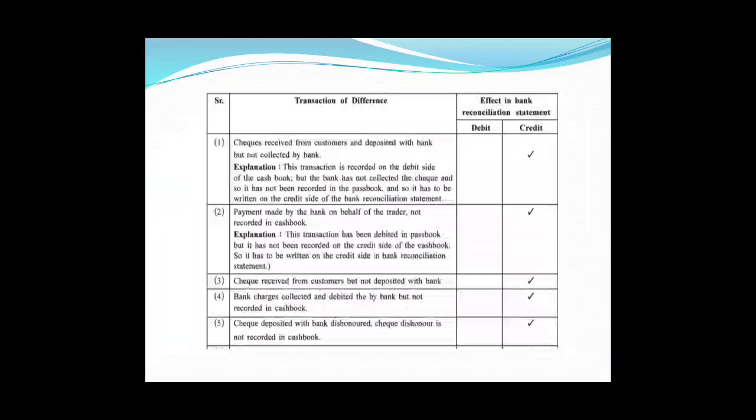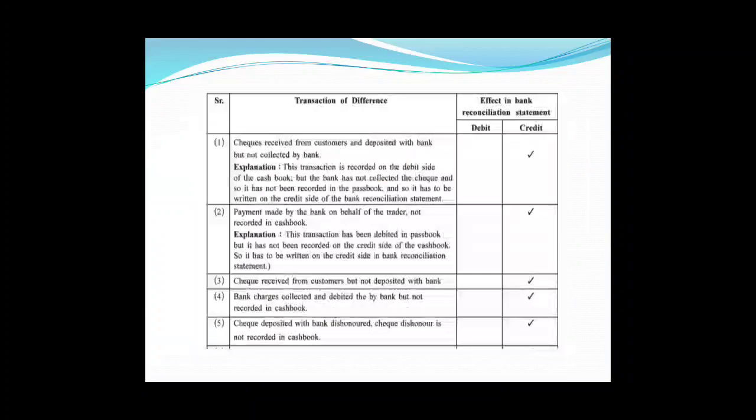Whenever we receive a check, we record that at the debit side of cash book. Now it has not been credited by bank, so debit entry is done in cash book but credit entry is not done in passbook, so we will be crediting this in our bank reconciliation statement.